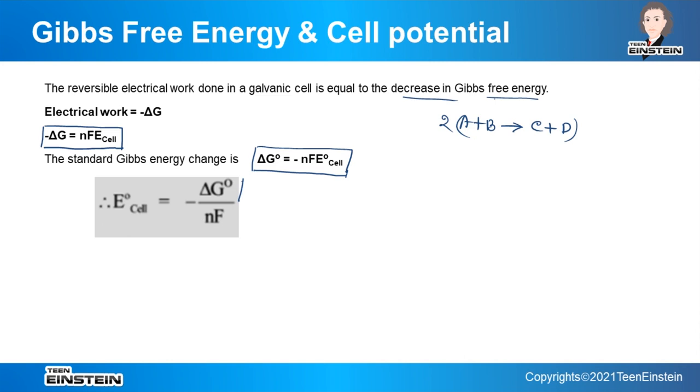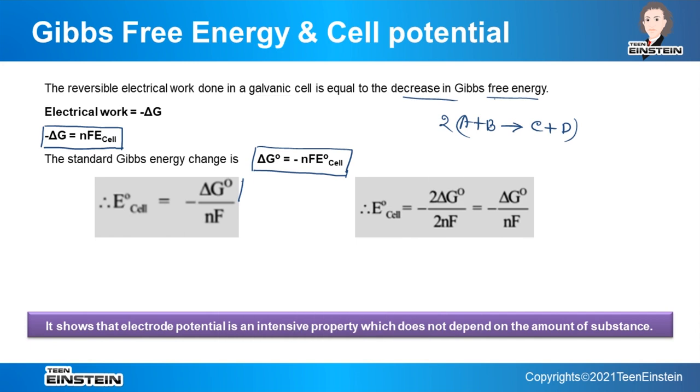Any number, whether 2, 3, half, or a fraction, will always be cancelled. So ultimately the E naught cell that we get is del G naught by nF. It doesn't matter whether you multiply it with 2, 3 or a fraction, anything. So it proves that E naught is an intensive property.